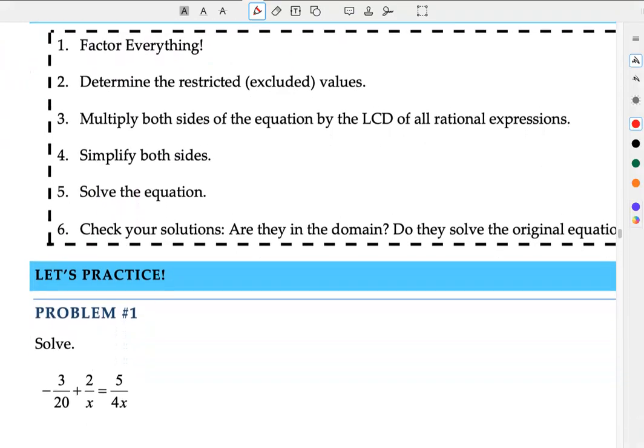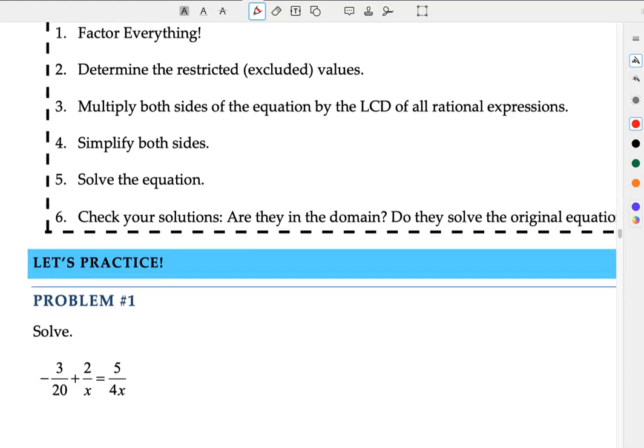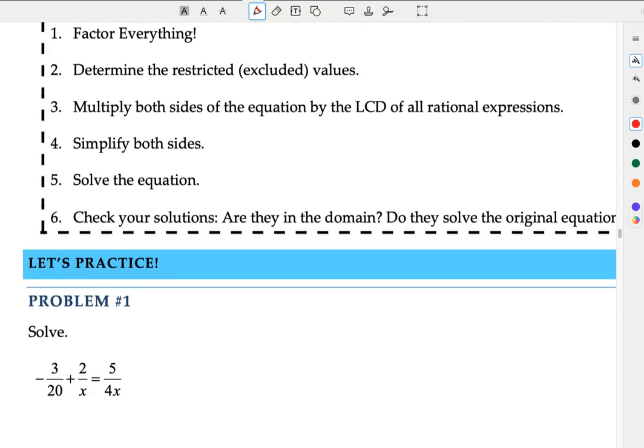All right, so on this first problem, there isn't anything to factor, and so we need to look for our excluded values. So looking for the excluded values on this, remember the excluded values mean what x cannot be.